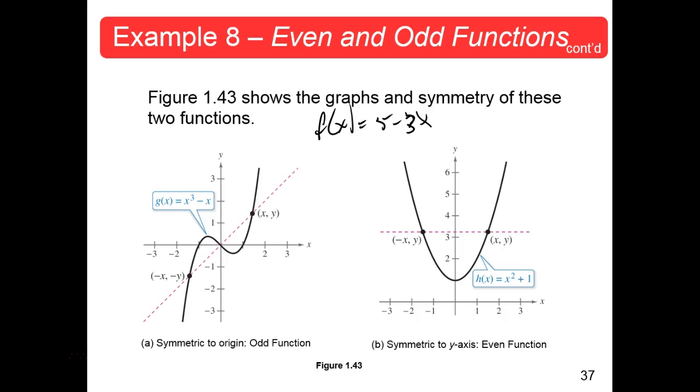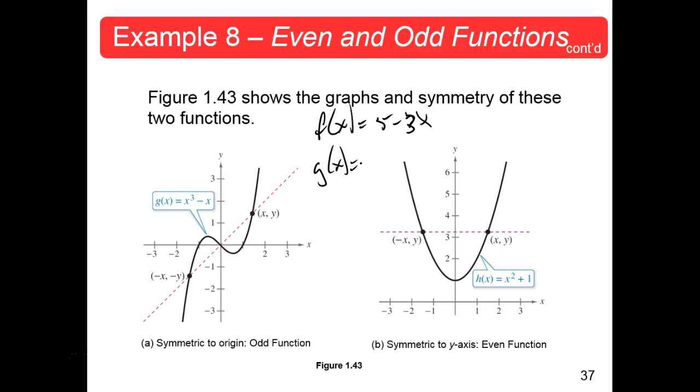Just looking at it, what would you think? Think odd, because this is 1. What's your exponent here? 0. Zero's even, 1's odd. This is a neither. You're absolutely right.